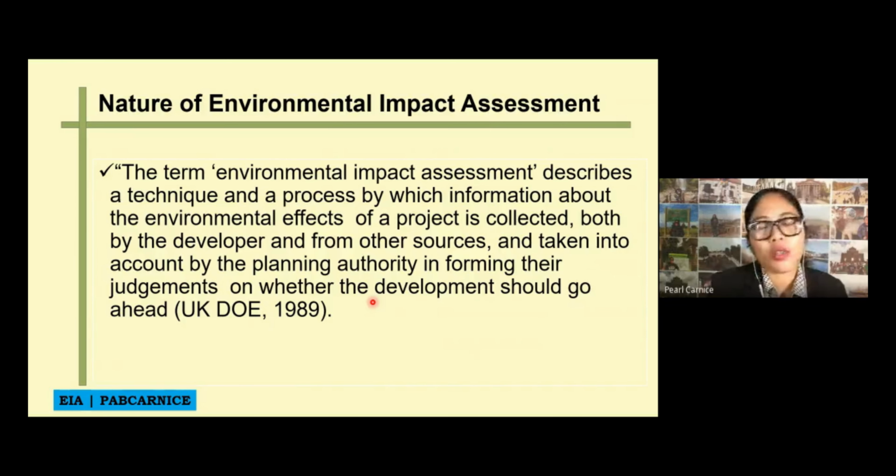At the same time, of course, before you do your project, you have to secure first your environmental compliance certificate, or ECC, which is issued by DENR EMB. Of course, before you do anything, before you buy your cement and your steel bars and so on and so forth, first you have to secure the ECC.